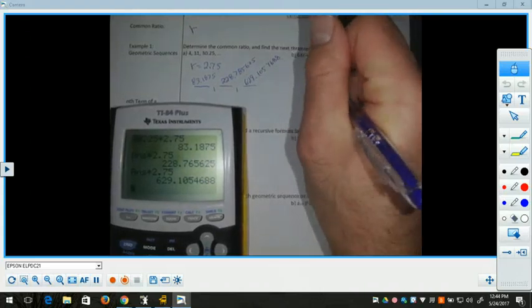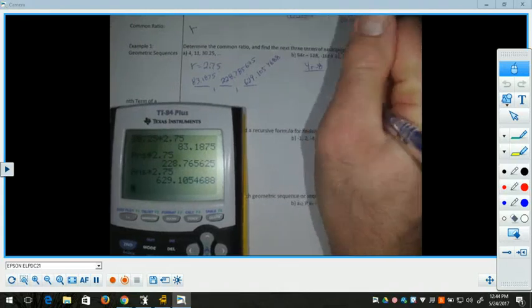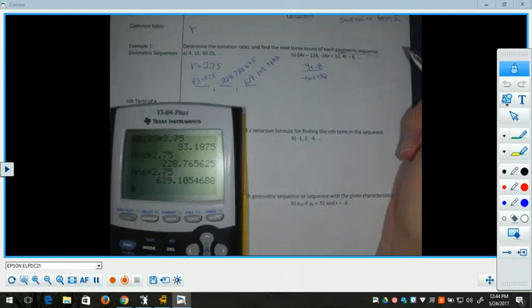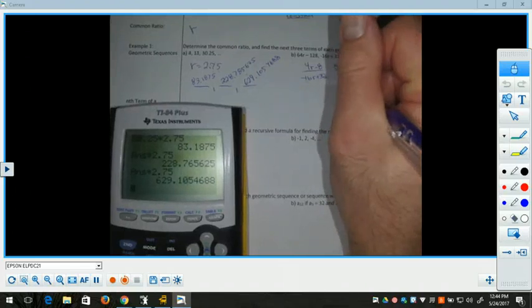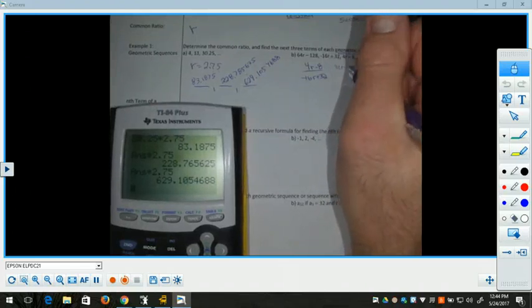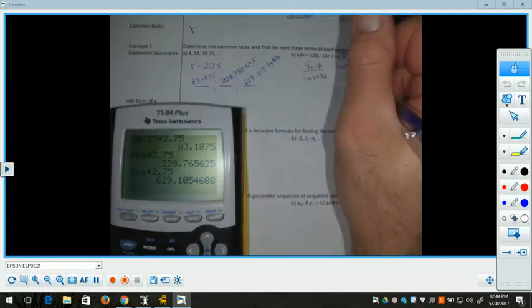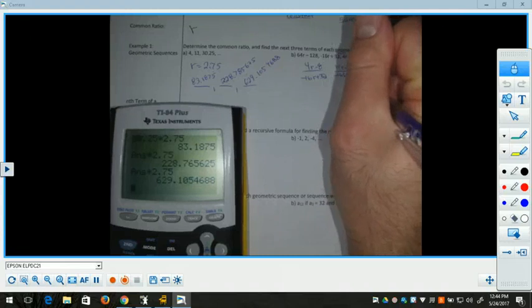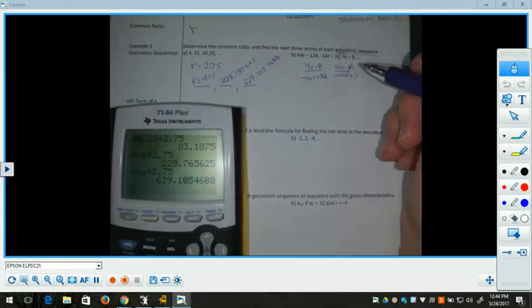That helps us. 4r minus 8 over negative 16r plus 32. In factored form, this is 4 times (r minus 2), and this would be negative 16 times (r minus 2). The r minus 2's cancel. The negative 16 reduces to negative 1/4.